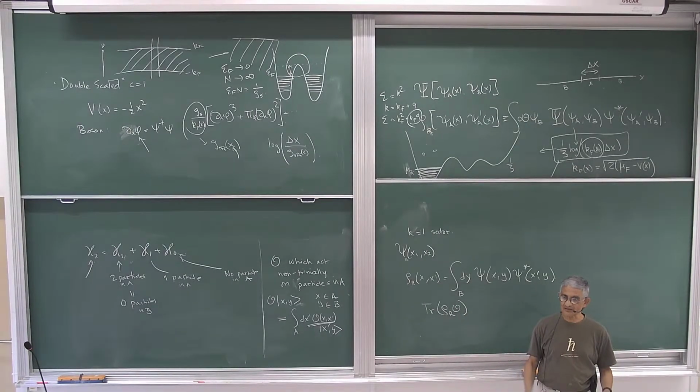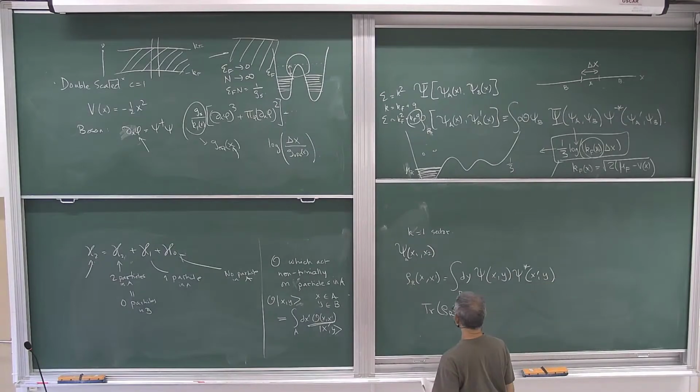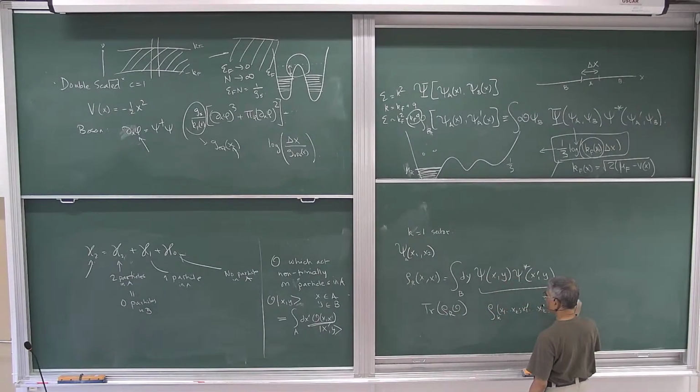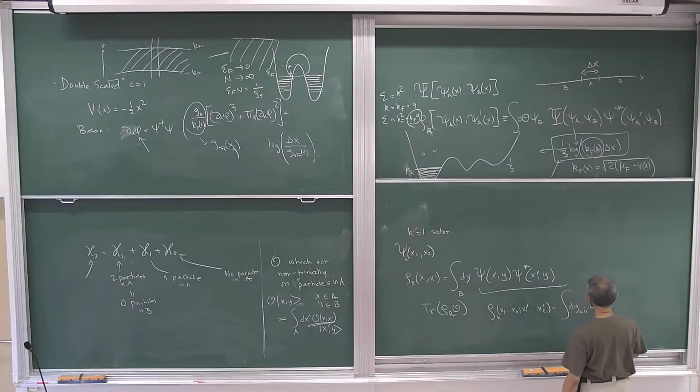And of course, you can extend this for any number of particles. So for each sector K, let me write the general formula. For each sector K, rho k is given by an integral over y k plus 1 to y n, with x i, y.